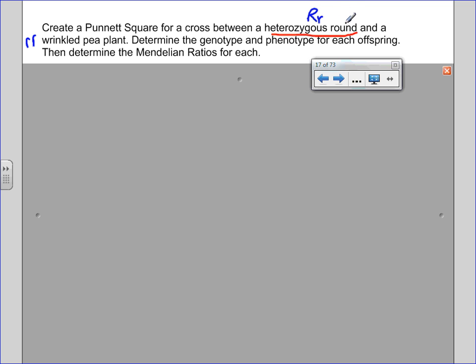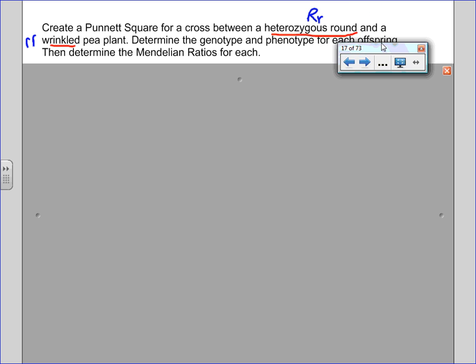Heterozygous round means it's showing the dominant round trait, so it'd be big R, little r. And the other parent is wrinkled, which is the recessive trait, so it must be little r, little r. So we're supposed to create a Punnett square for a cross between these parents.